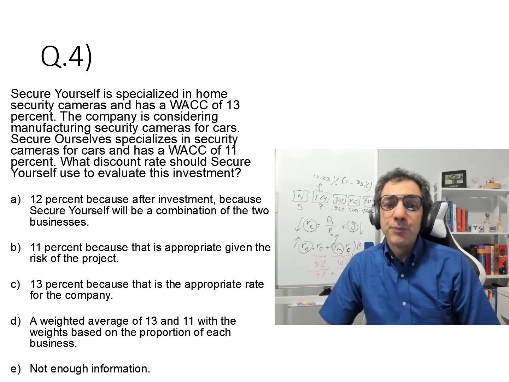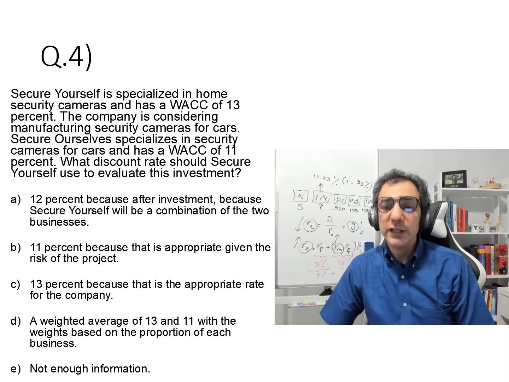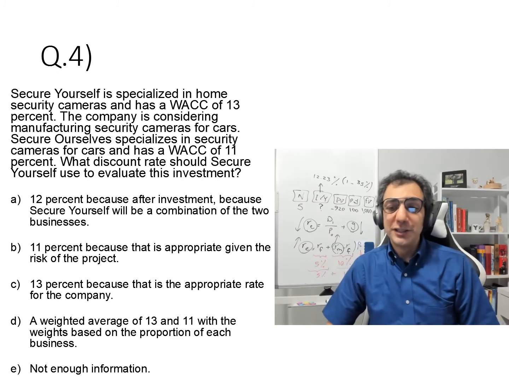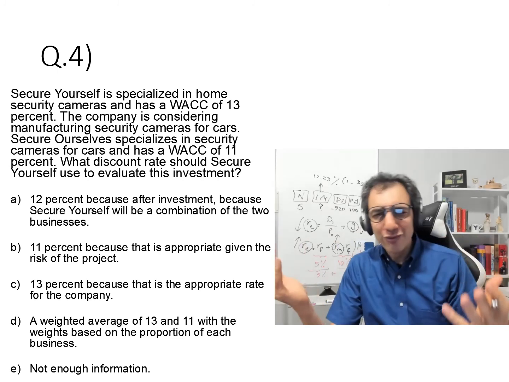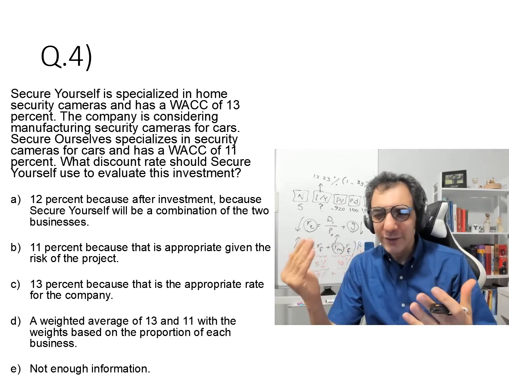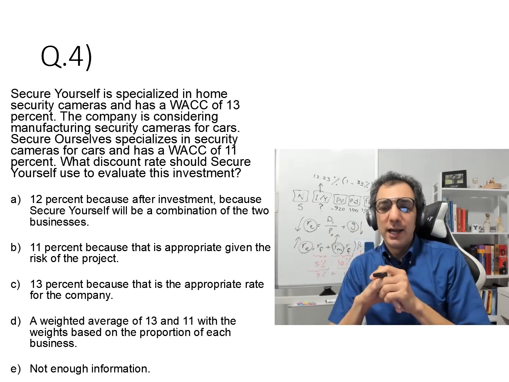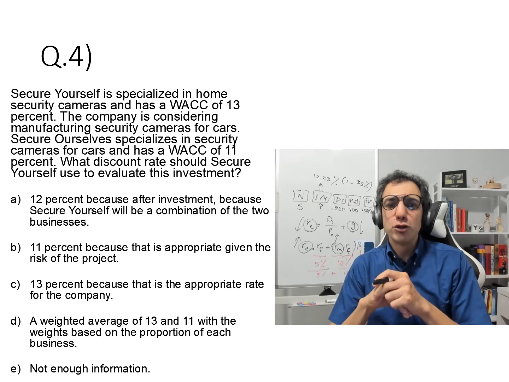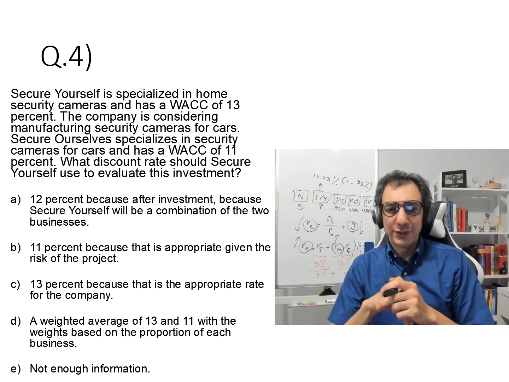So in this case, remember the 11% is actually more relevant because you are talking about that investment, you're talking about that business instead of 13%. You shouldn't use the average rate, you shouldn't use the firm cost of capital, just go with the risk-adjusted cost of capital, which in this case should be 11%. So B should be the correct answer.